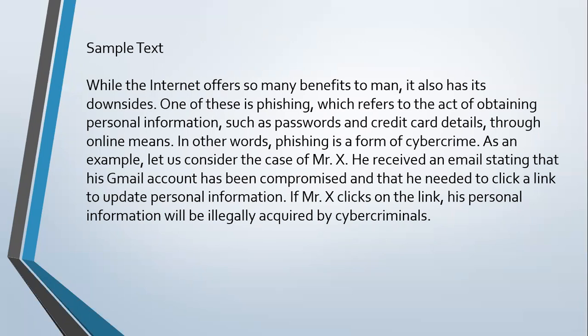So, in this kind of text, the main topic is the disadvantages of the internet, which this describes as phishing. So in this sample text, it describes what phishing is all about, how a person can commit this kind of cybercrime, and what things you may experience when you are caught in this kind of cybercrime.